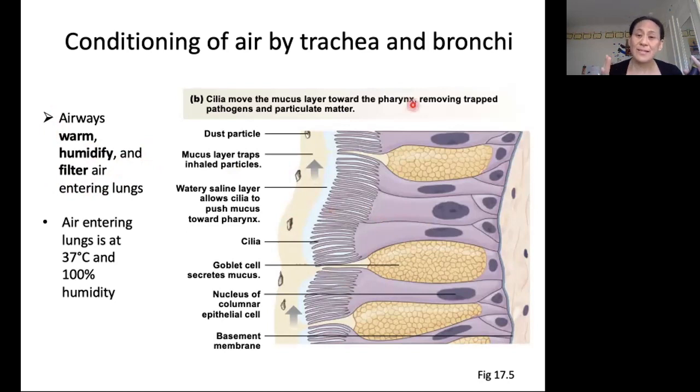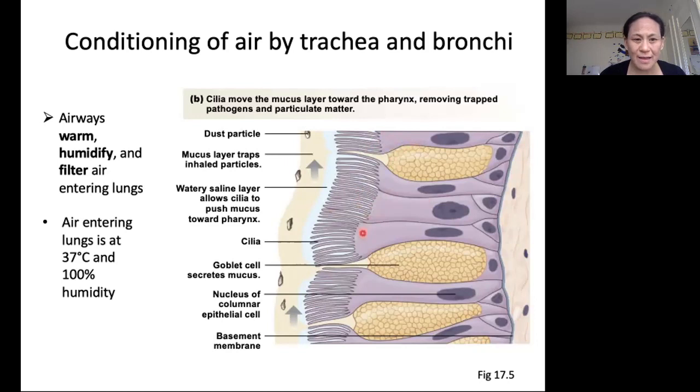Okay, so let's take a look at that structure. Just to orient you, this is the outer wall of your airway, and then this is the inside where the air would be moving. What you can see is we have a layer of cells here of various sorts. I'll describe them now.